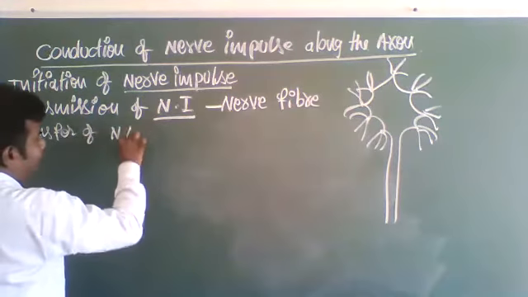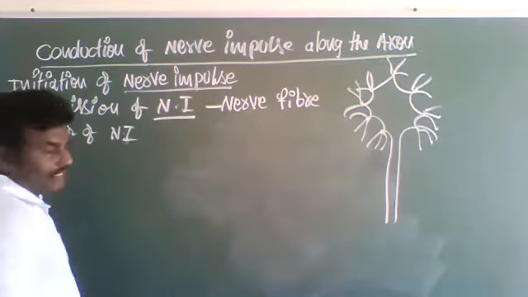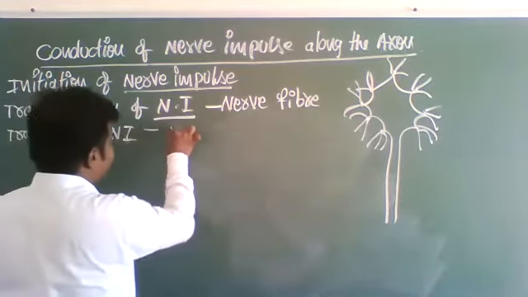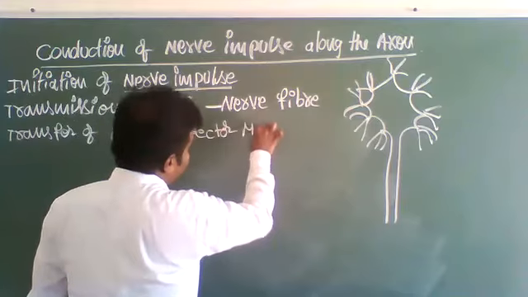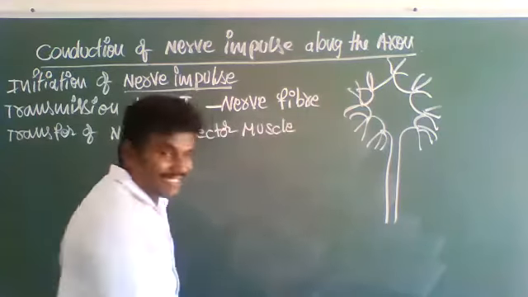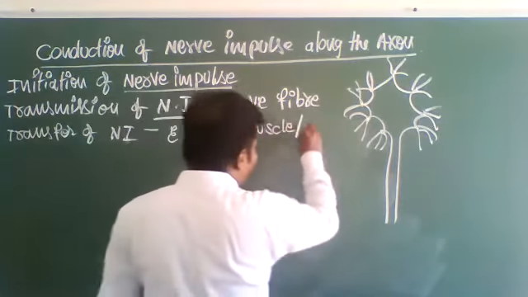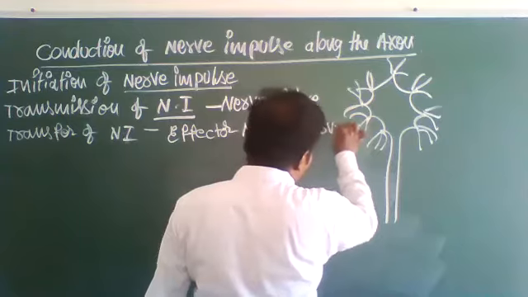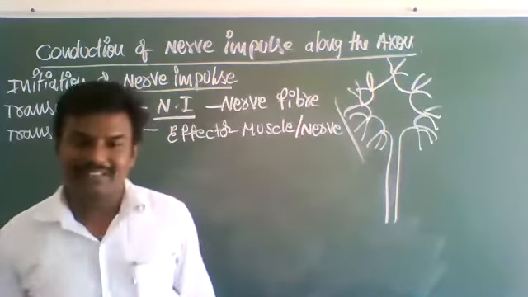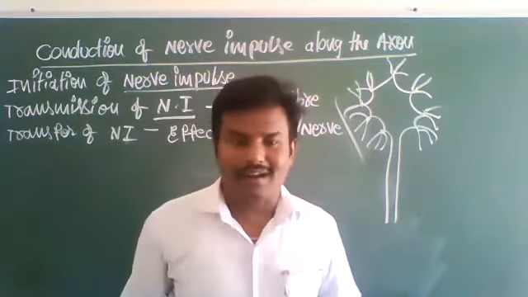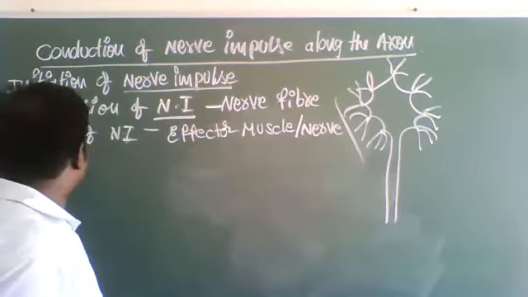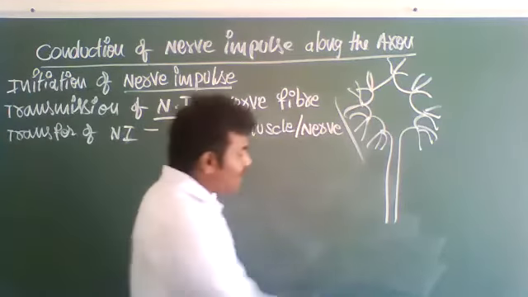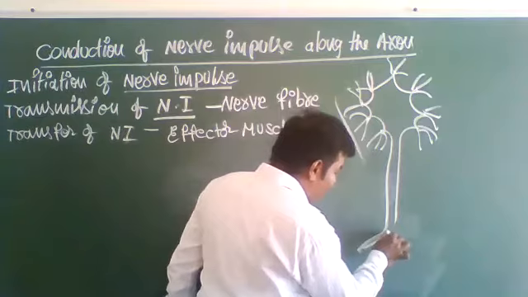Next, transfer of nerve impulse to the effector muscle or nerve. Transmission and transfer are both the same. Transfer of nerve impulse to the effector. Here, nerve terminals will be there.